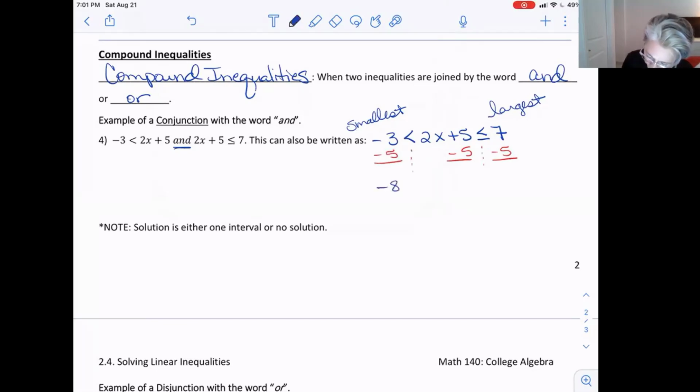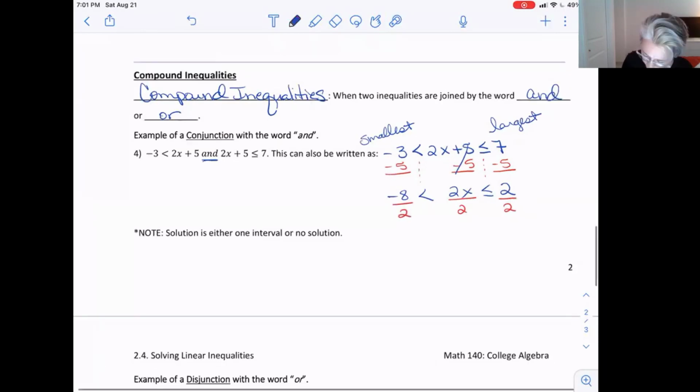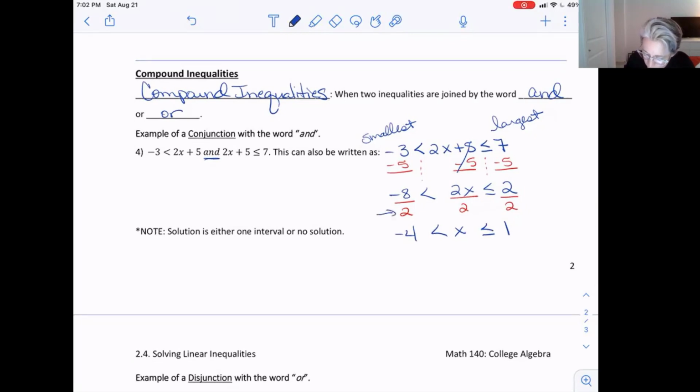That gives us negative 8 less than 2x less than or equal to 2, and then divide everything by 2. We get negative 4 less than x less than or equal to 1. Notice that we're still dividing by a positive number, so the inequalities did not change. The negative 8 was already there, but we are physically dividing by a positive number.